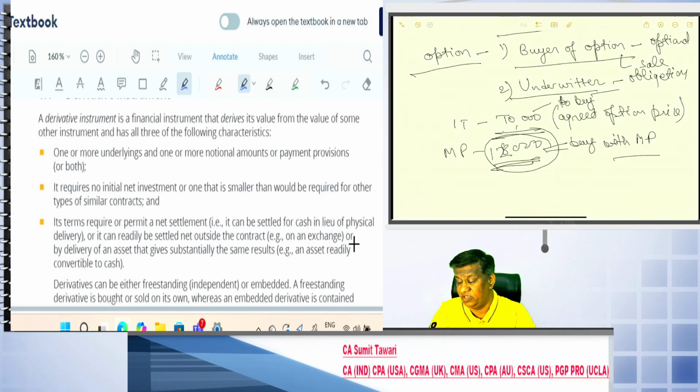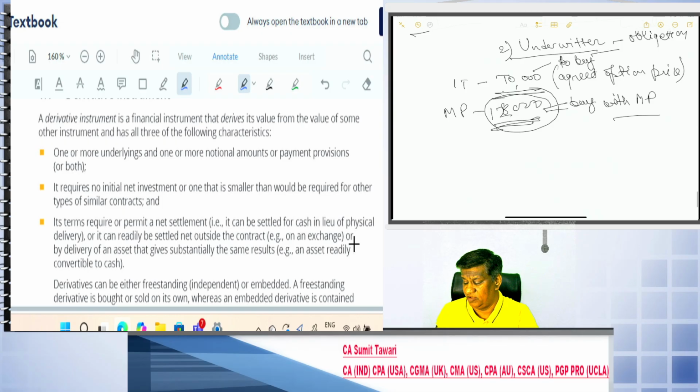So this way, in an option, one party is not under obligation, the other party is under obligation. The one party has an option to exercise the contract or allow the contract to expire. So that is the option contract.